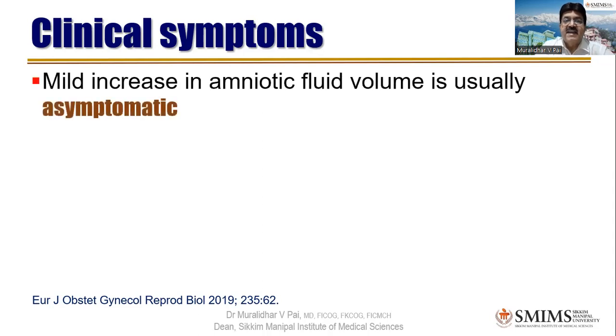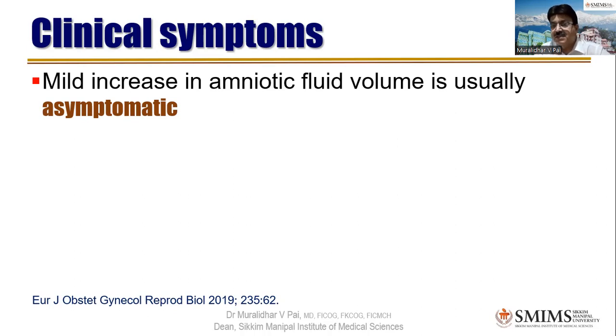In mild cases, when there's a gradual increase in the amniotic fluid over a period of time, there is actually no symptom. It's a wonderful thing that in 9 months, even though the mother gains, the uterus itself becomes almost 1 kg, and the baby is another, let's say, 3 kgs, and then the fluid altogether some 11 to 12 kgs, but she doesn't feel it because it is a gradual increase over 9 months.